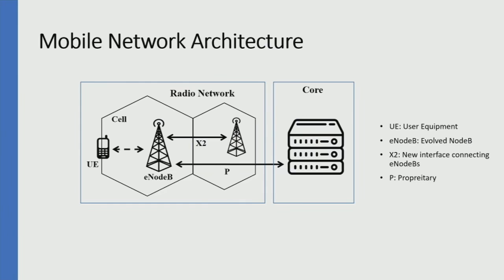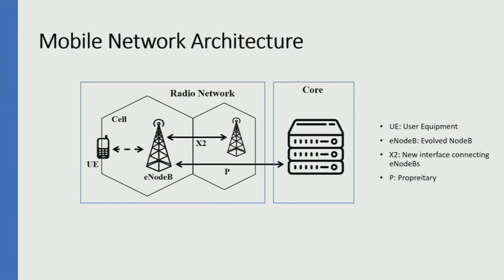This base station talks directly to the core network, where all the management, authentication, and security things happen. When you turn on a mobile phone, it talks to the tower, and then it authenticates with the core network, and that's how you're authorized to use all the mobile services.